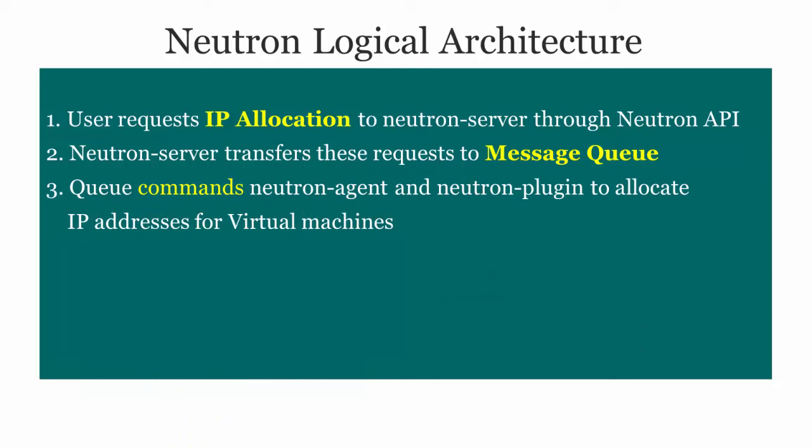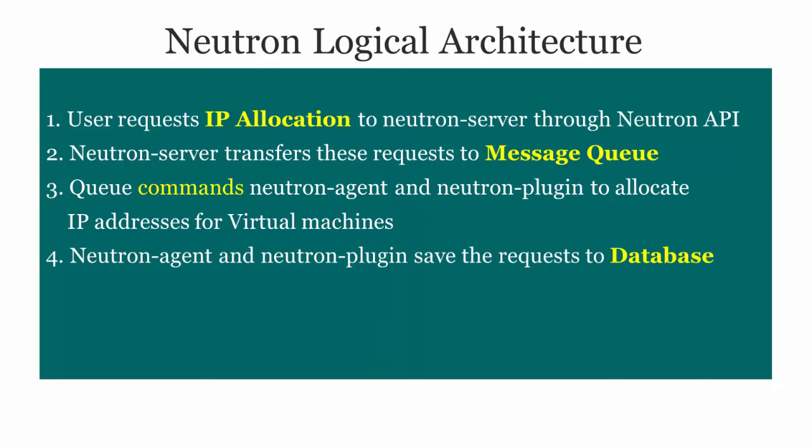Number 3, the message queue now commands the Neutron agent and Neutron plugin to allocate IP addresses for virtual machines. These commands come from the user request, and the Neutron server transfers the request to the Neutron agent and plugin using the message queue.